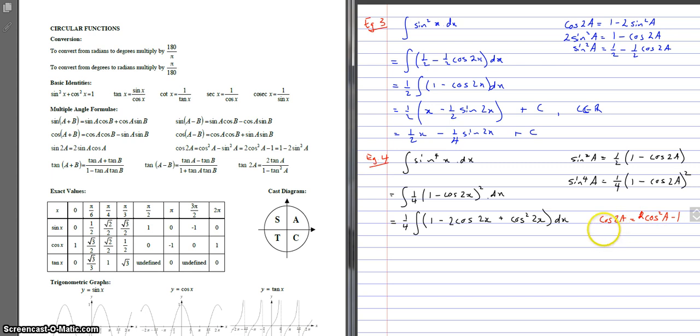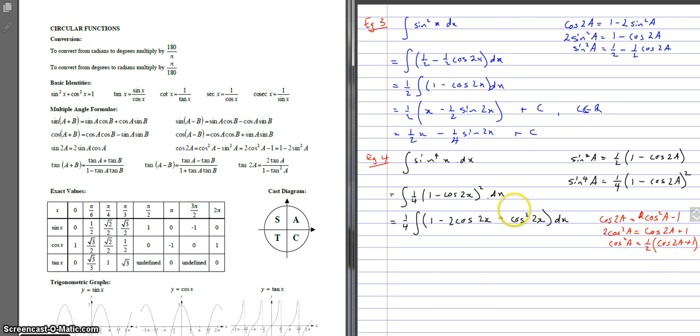We'll rearrange that, so we have 2 cos squared a equals cos 2a plus 1, and dividing by 2, cos squared a equals 1/2 times cos 2a plus 1.